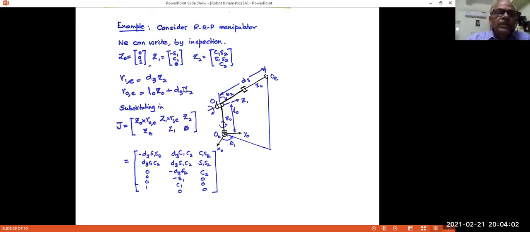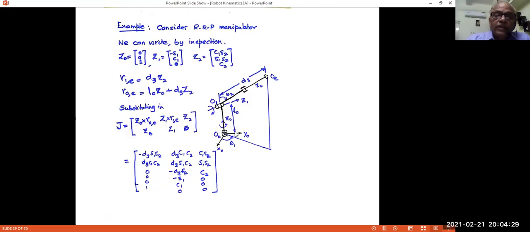If you look at this, what I'm interested in is developing this. In this, what is Z0? Z0, we know, is 0, 0, 1. And Z1 is along this direction, which is actually 90 degrees to this Z2 line. Originally, without rotation, it is in line with Y0.